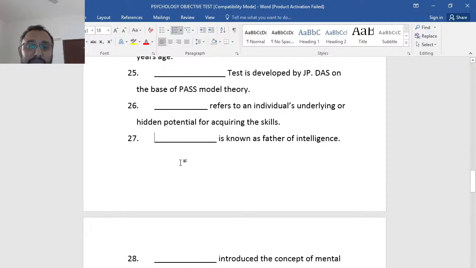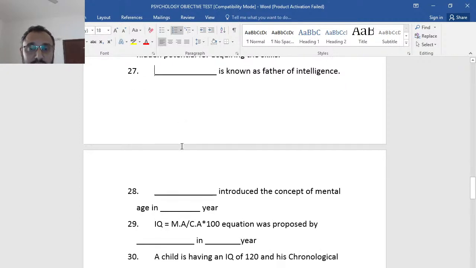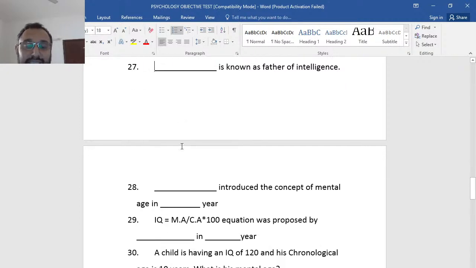Otherwise, the world would have seen so much growth in intelligence. Now, 28, dash introduced the concept of mental age in the year 1908. Alfred Binet introduced the concept of mental age in the year 1908.